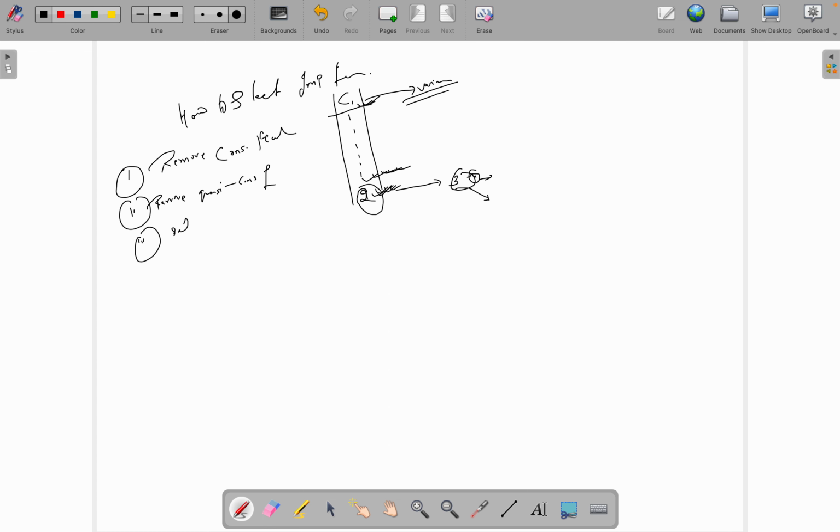Third one is select k-best. So it uses chi-square, and you can pass how many features you want, and that many important features it will return to you. We'll see this one. And then another is ANOVA.